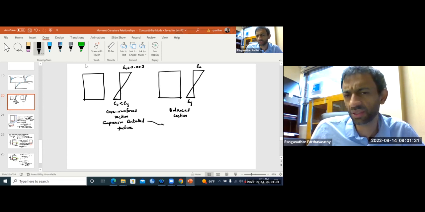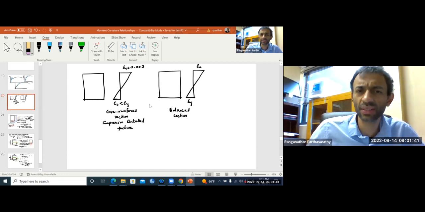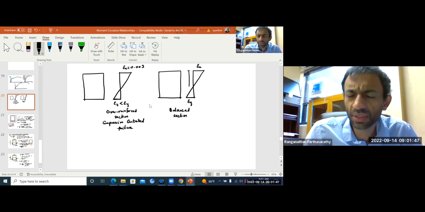Still it is compression control, or just put it as balanced section. So what is the relationship, or what is your maximum reinforcement ratio that you can have for a balanced section?